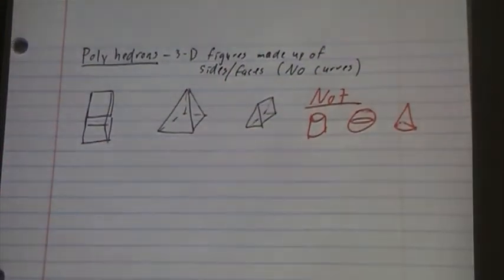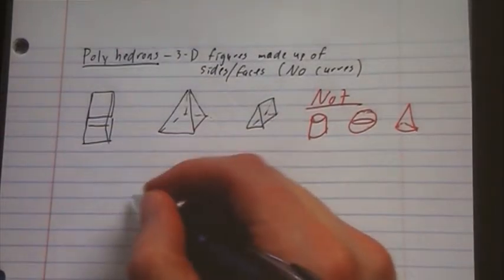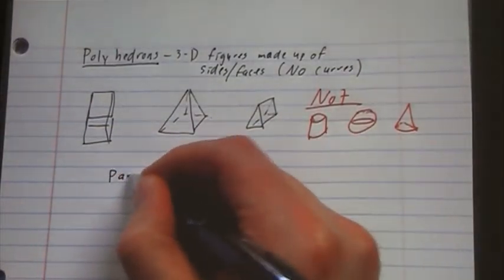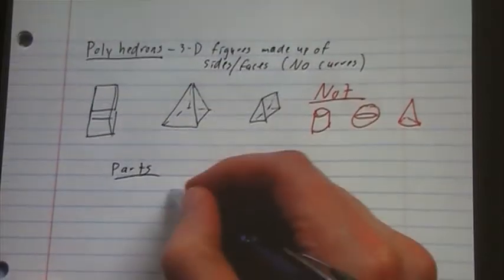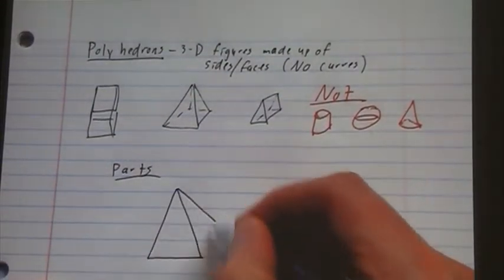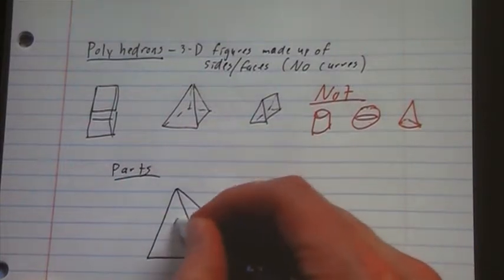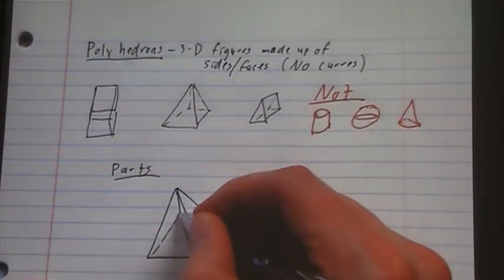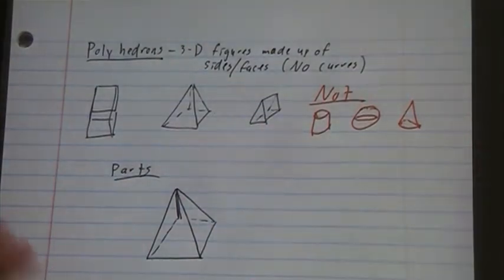Now, parts of a polyhedron, you're going to have edges, vertices, and faces. So I'm going to use my rectangular pyramid. Okay, so there's my pyramid.